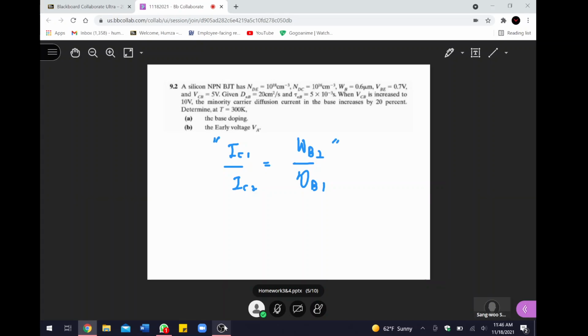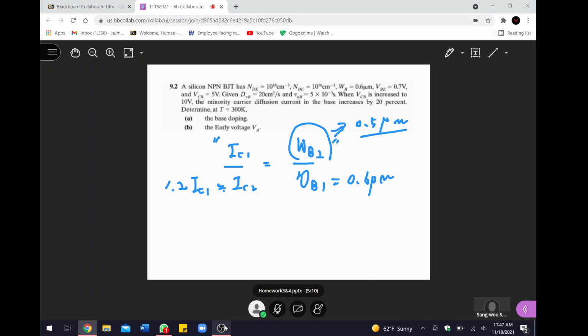The clue is that the current has a 20% increase, so in the formula we put 1.2 multiplied by IC1. The initial base width is 0.6 micrometer. From this equation, the new base width is supposed to be 0.5 micrometer to satisfy it.